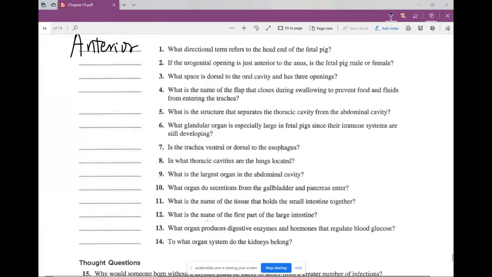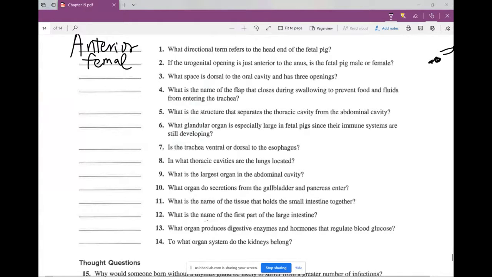Okay, so in other words, you have the anus, and just anterior to it is the urogenital opening, and that would be female.